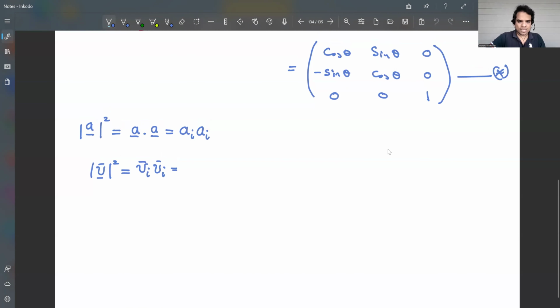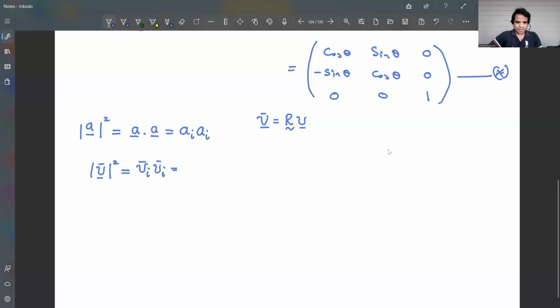Now I'm going to transfer to the unbar coordinate system. That means V bar is the rotation matrix times the unbar vector. I'm going to apply the rotation matrix to the vector, and I have to be very careful with the matrix notation.